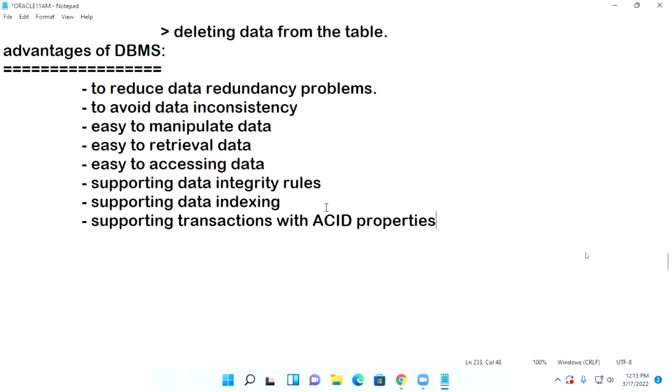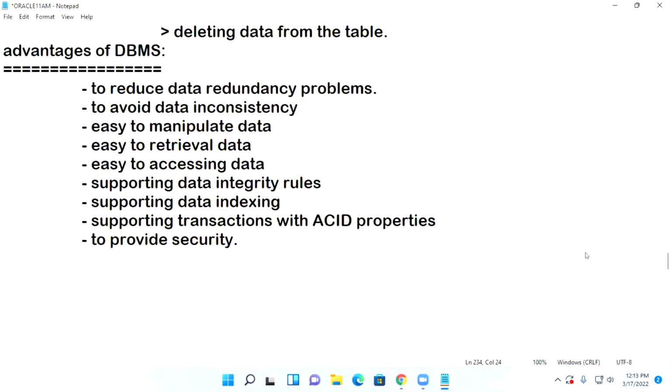So why will DBMS database software maintain data in an accurate and consistent manner? If anybody asks you why your transactions are accurate and consistent, the reason is ACID properties. What ACID properties are and how they work, we will discuss in our classes. And it provides security.